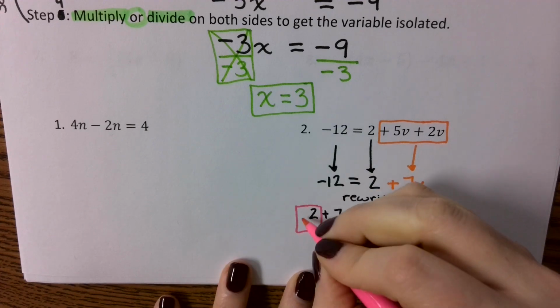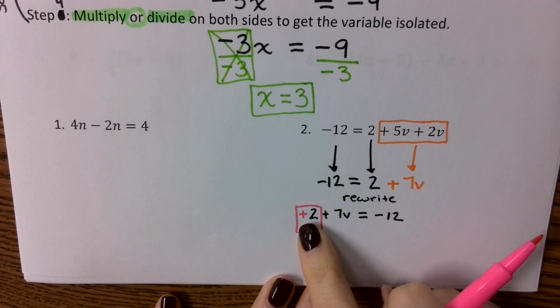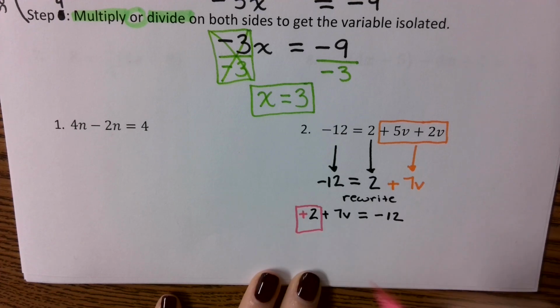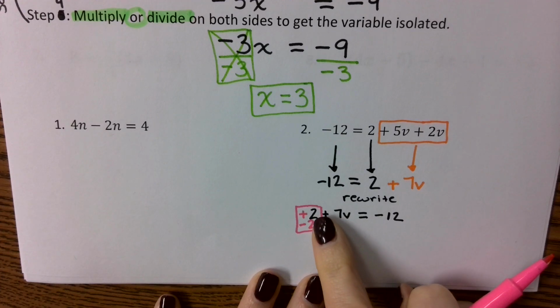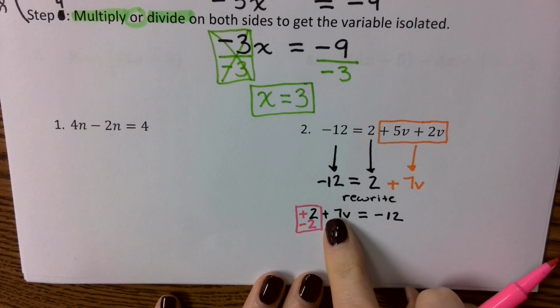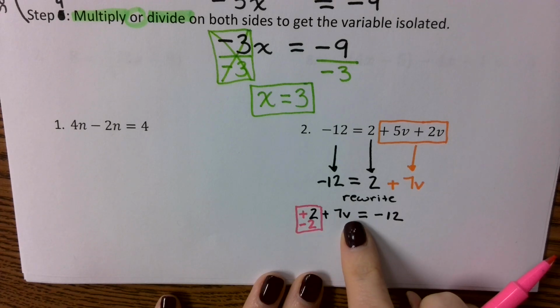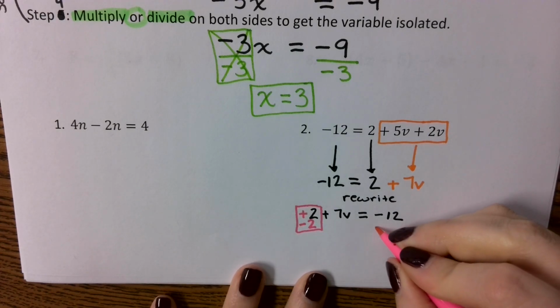A positive 2. So we're going to put that invisible plus sign there so that we now know that we must subtract. The only reason I say to do that is because sometimes it might say 2 minus 7v. But again, that minus sign doesn't belong to the 2, it belongs to the 7v, right? Okay, so we're going to subtract 2 from both sides.